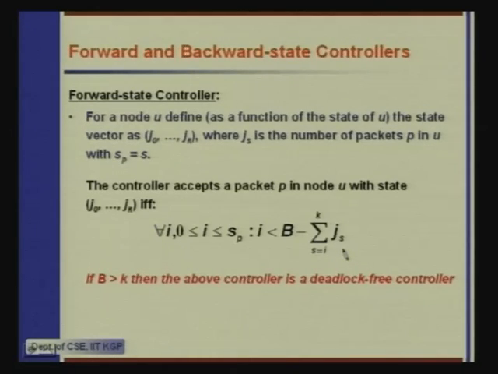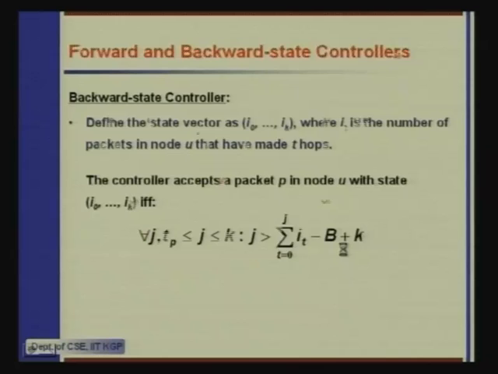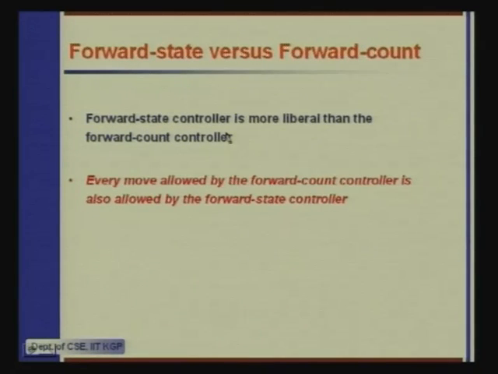So, if you have a more liberal controller, then you have more bandwidth, you are allowing more moves. So, things will happen faster, but at the same time we still have to guarantee that there is no deadlock, right. So, it is very important to note that the forward state controller is more liberal than the forward count controller, right. Now, how do we show that the forward state controller is more liberal?